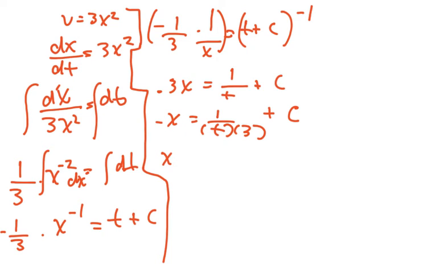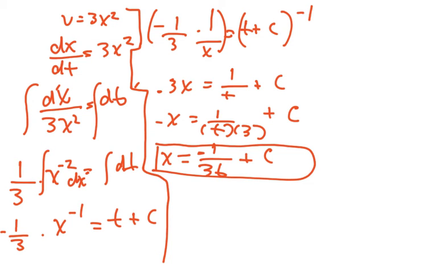So we have x is equal to negative 1 over 3t plus the constant. So this is going to be our final answer. This is going to be the function of x in terms of t, the position function. So that was a really straightforward problem.